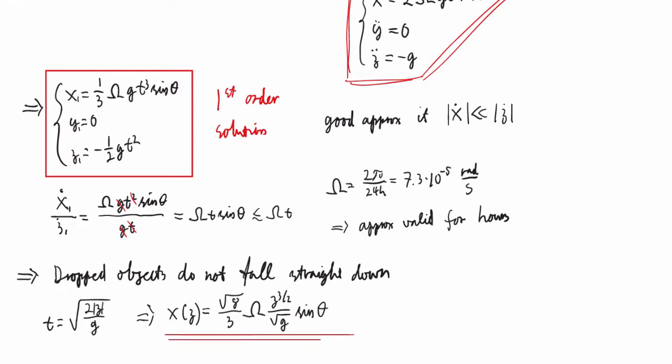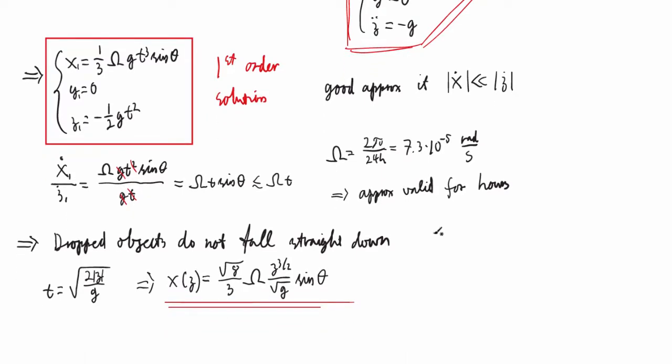So that's our solution. Now let's just say that we're dropping a stone into a 300 meter deep mine shaft, and that mineshaft is located at the equator. And that's where you get the maximum deviation. At the North Pole or South Pole, theta is 0, and we get no deviation at all.